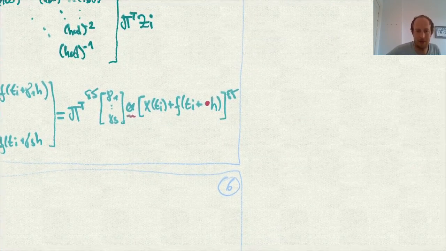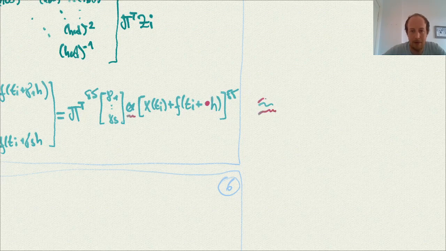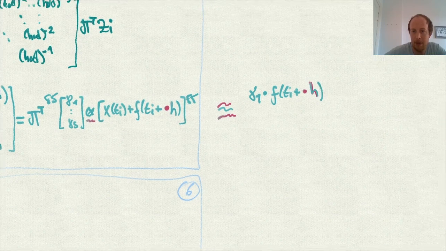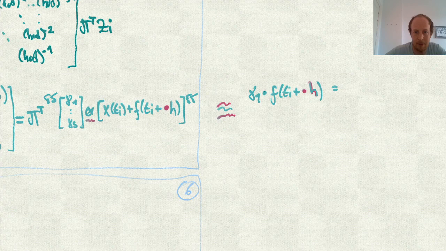Well, let's just check this for one. So here this strange rewrite is, the first part would be basically gamma_1 times F of t_i plus, here the gamma_1 should go with h in this notation. Oh, I forgot the x_i. X of t_i, well, that's the same.